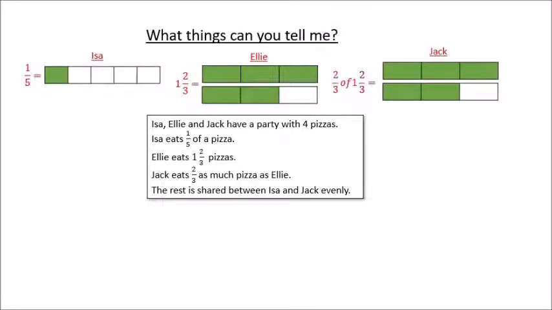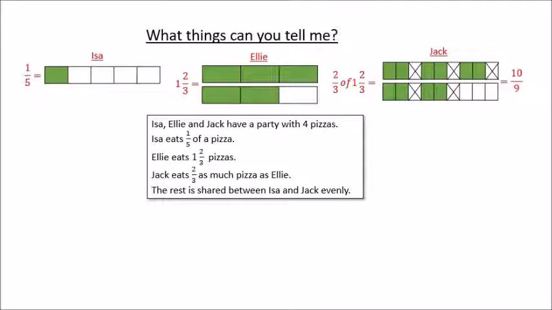And then Jack had 2/3 as much pizza as Ellie. So if I draw out Ellie's, that's 1 2/3. I want 2/3 of that. So if I split each of those 5/3 into thirds, like so, and then I find 2/3 of them, for every 3 of these pieces that are now shaded, I have just 2 of them shaded, so I cross out those.